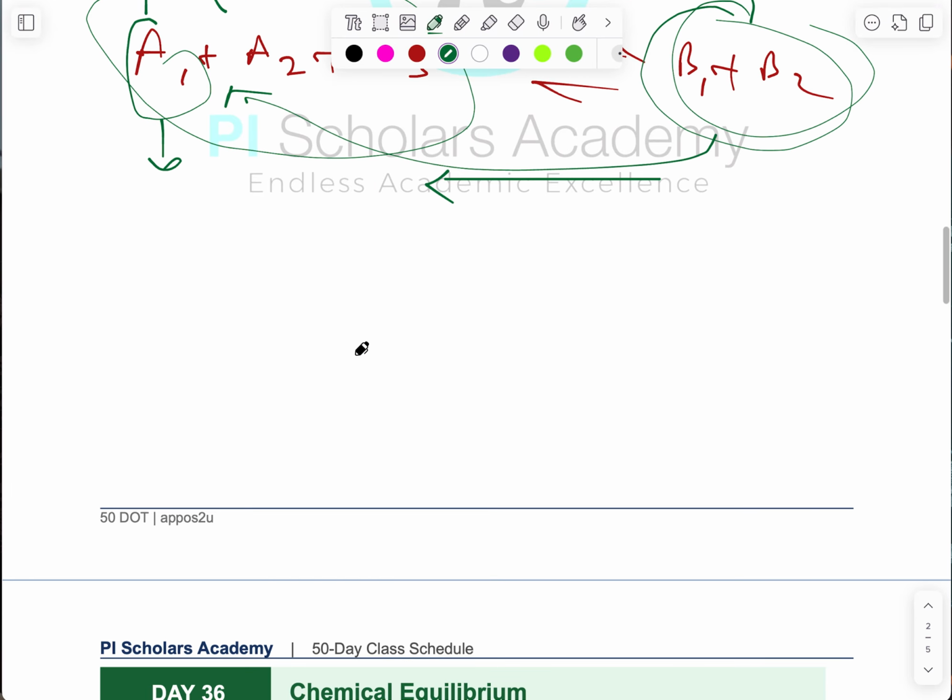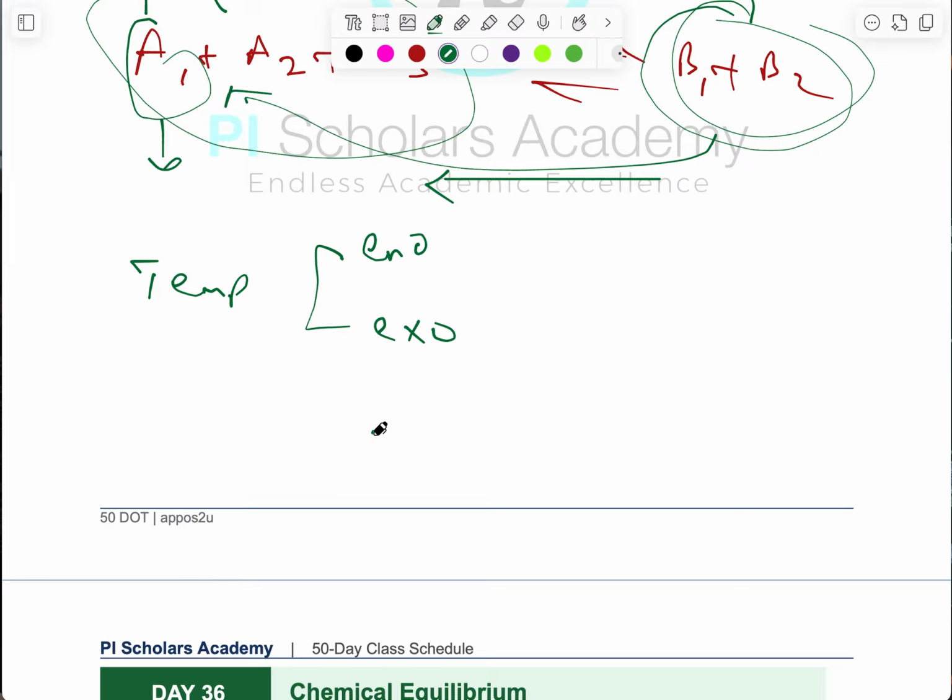The second one is effect of temperature. Now for this one, temperature, we can only discuss it based on endo or exothermic reaction. I've already explained the difference between endothermic reaction and exothermic reaction earlier. So what happens is that whenever you increase the temperature of a system, endothermic reaction will be favored. So whatever side is the exothermic reaction is going to be not favored if you raise the temperature.